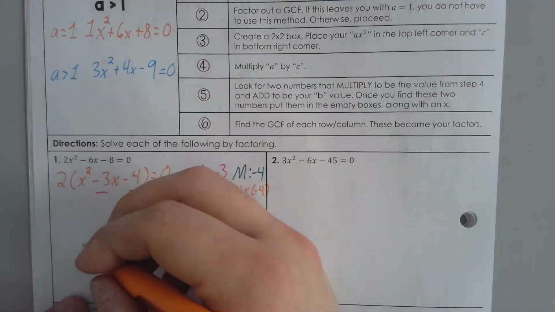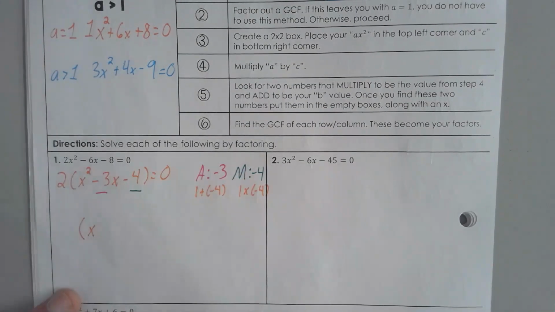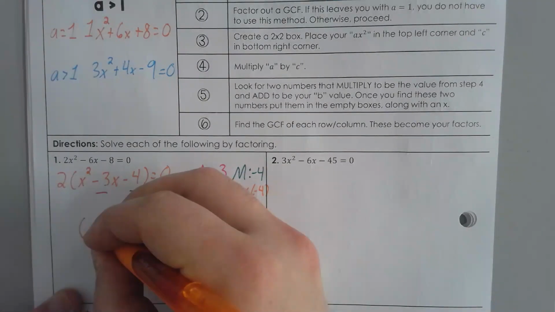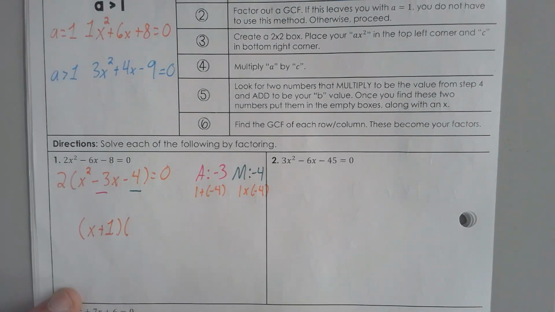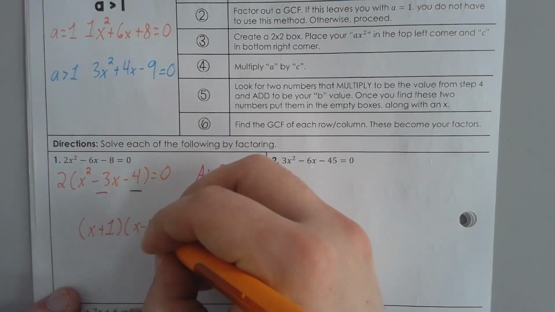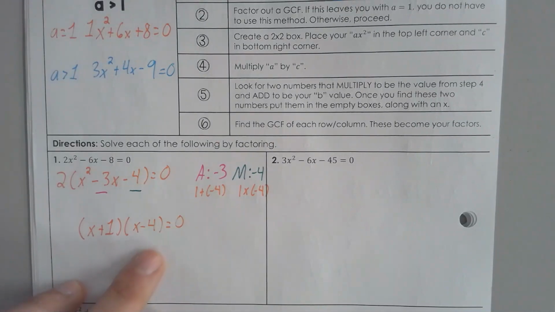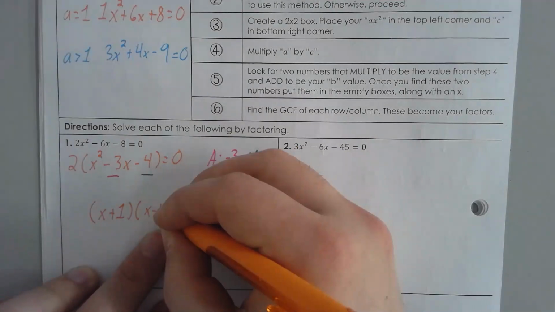Just like we did the other day, all we do with them is put them in parentheses with our x's. So we'll have x plus 1 and then x minus 4, because our 4 was negative. And who remembers what we do next?